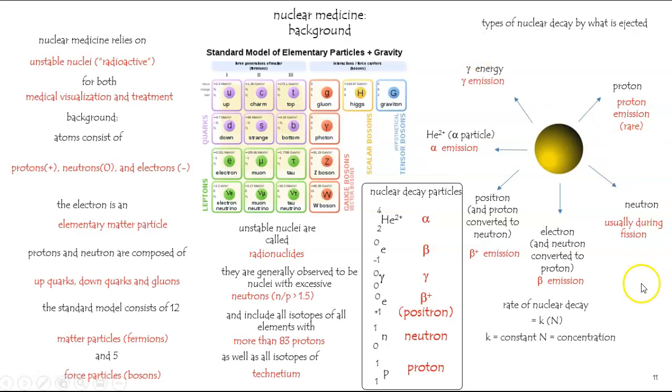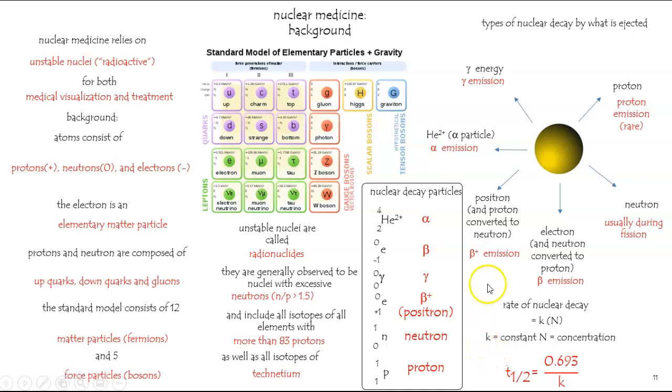The rate of this decay is called a first order process. It's one of the early things you learn in a kinetics study, and therefore it's just proportional to time. It's some kind of a constant, and a big number for that constant k would mean a relatively short half-life, meaning fast nuclear decay, and the concentration is given as N. Without showing the math, you can figure out how long it takes for half of the substance to decompose, and this is the formula that's used.